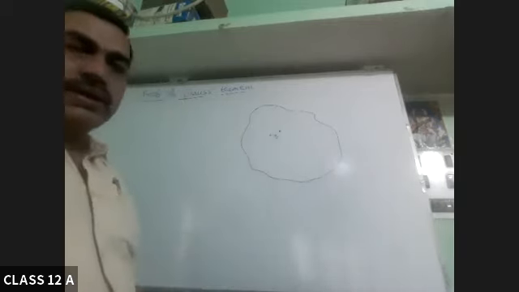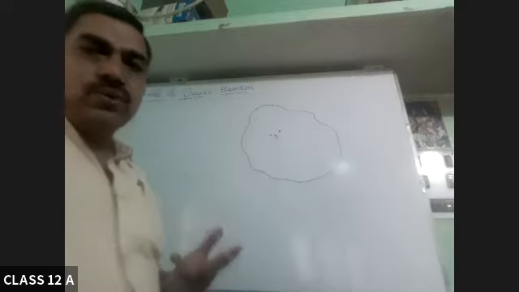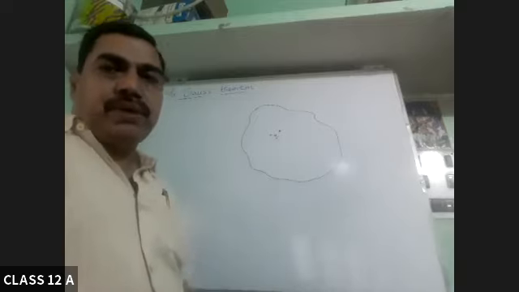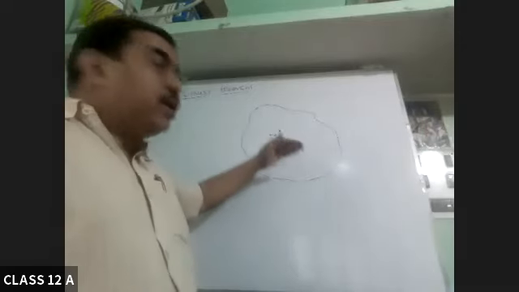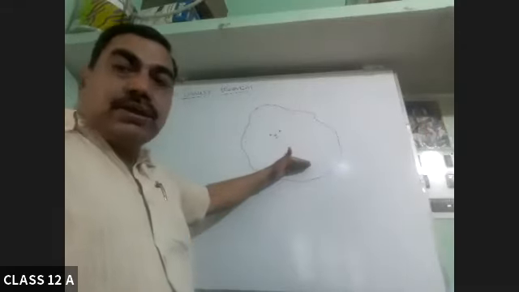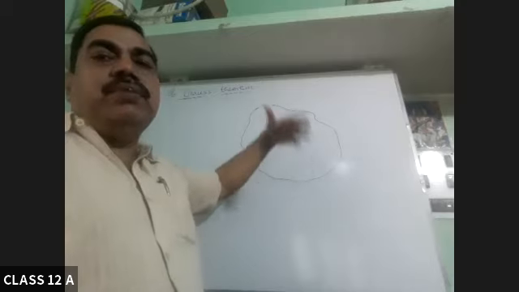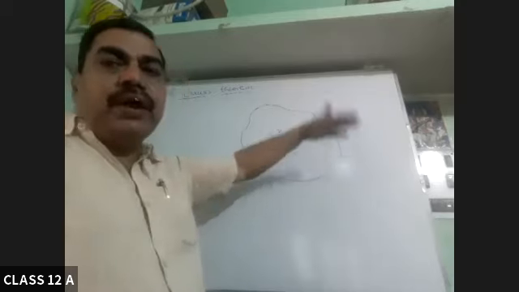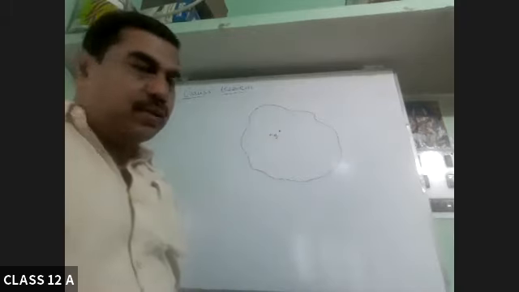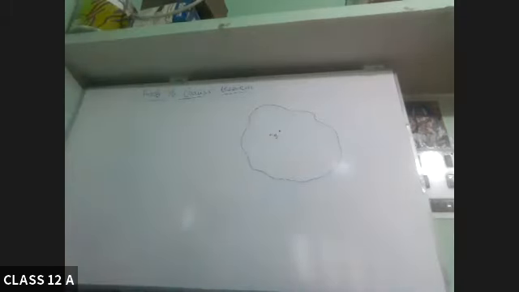As flux is a scalar quantity, it has only two signs, it may be positive, it may be negative. So due to this we will find the total flux. Similarly, if many other charges are there, we will find the flux due to the second one, the third one, and then find the combined total.